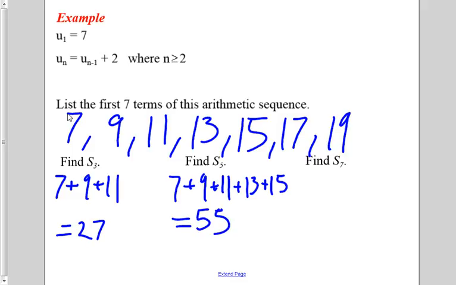Sum of the first 5 terms in the sequence. Well, to find S7, we'd have to add up the first 7 terms in the sequence. We know the first 5 gives us that 55, plus 17 plus 19, and that equals 91. So we just found the sum of the first 3 terms, the first 5 terms, and the first 7 terms in this sequence.